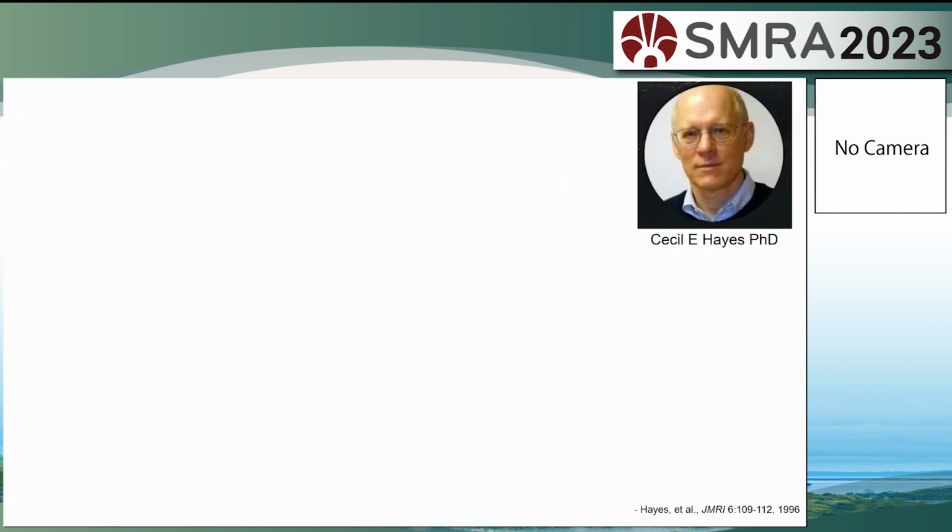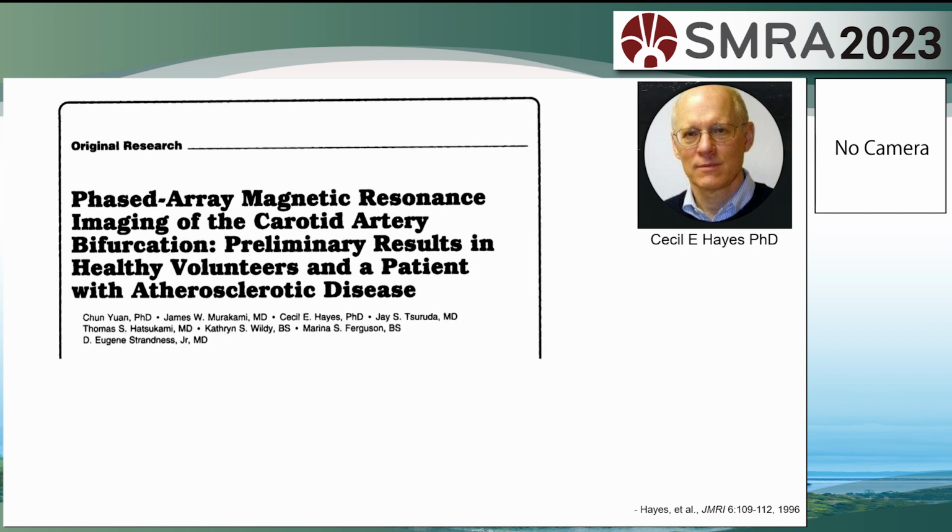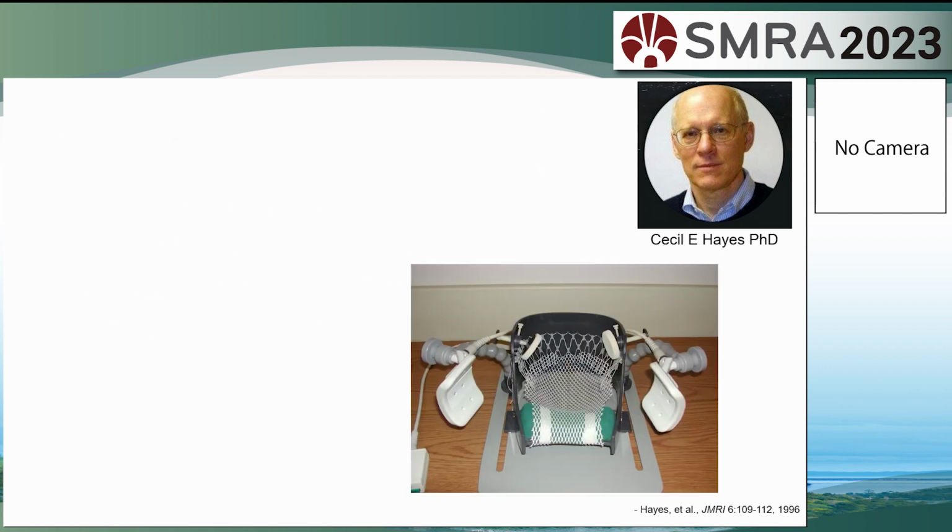So also in the early days, I was lucky enough to have Dr. Cecil Hayes at University of Washington, and he introduced the idea of using phased array coils to do carotid imaging. This was the very early picture of a carotid phased array coil, including the head holders.